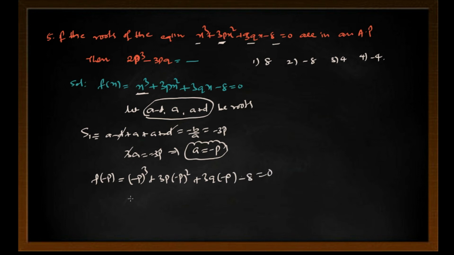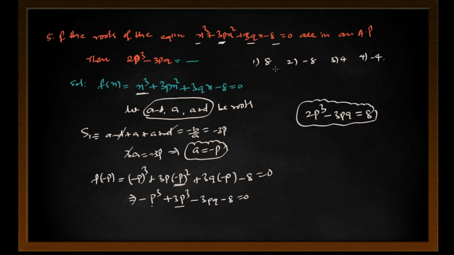So minus p whole cube is minus p cube, minus p whole square is plus, so plus 3p cube and minus 3pq minus 8 equals 0. So 2p cube minus 3pq. This minus 8 we can set outside, so plus 8. Therefore value of 2p cube minus 3pq is plus 8. First option.